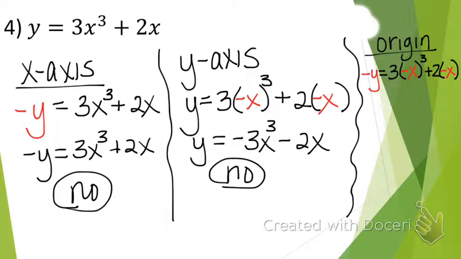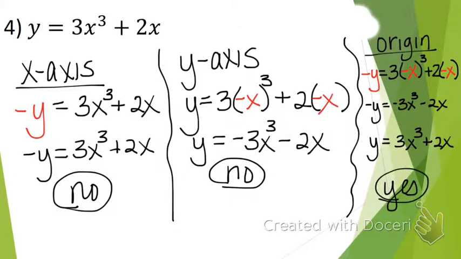The good thing about checking for the origin is that it brings the x-axis work and the y-axis work together, so it's a little faster to do this check. So I already know that this is negative y, and this is going to be negative 3x cubed minus 2x. But again, I can easily divide everything by negative 1, and it is possible for me to get back to an exact match. Therefore, it is a yes. This has symmetry with the origin.